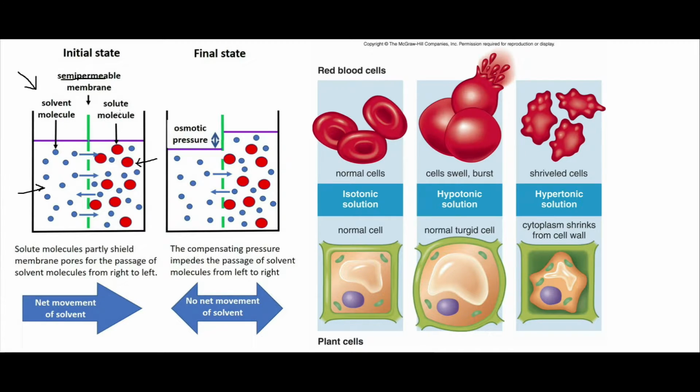Whereas on the solute side, you could think about it as these solutes sort of block these little entrances, these little pores here, and so it prevents water from flowing back in the other direction.